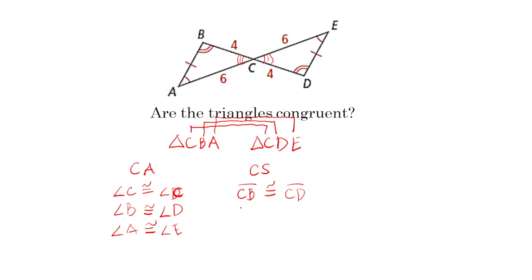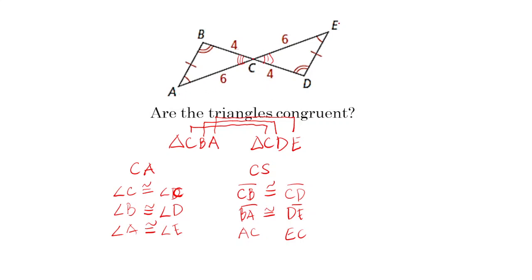Next is side BA and side DE. Okay? So side BA, we have single marking. Side DE, we have single marking, so they are congruent. And side AC and side EC. So let's see if they are congruent. Side AC is 6 units.